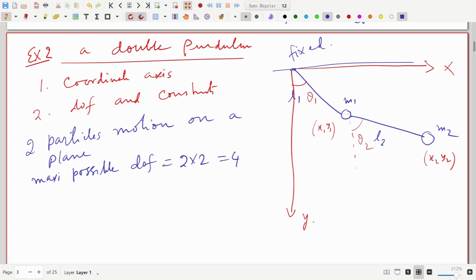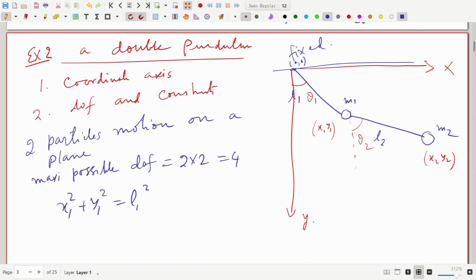Because we have two fixed lengths L1 and L2, we will have two holonomic constraints. The point of support is at (0, 0), which we have chosen. The distance between the point of support and the first mass will be x1² + y1² = L1².